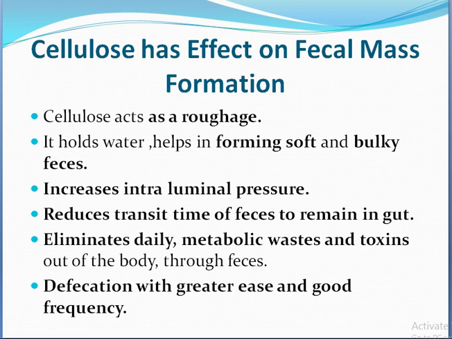It is the major constituent of fiber. Non-digestible carbohydrate increases intraluminal pressure, reduces the transit time of feces in the gut, and eliminates daily metabolic waste and toxins out of the body through defecation with greater ease and good frequency.